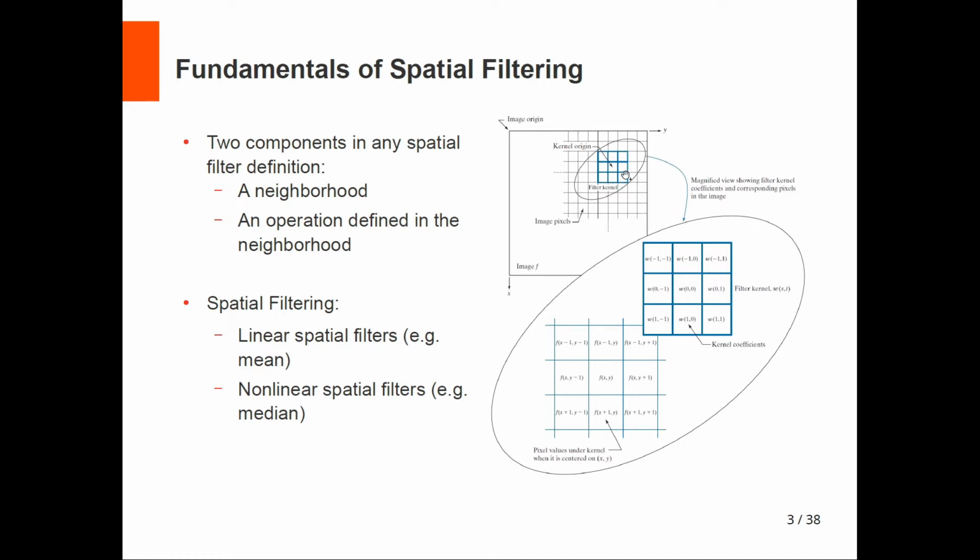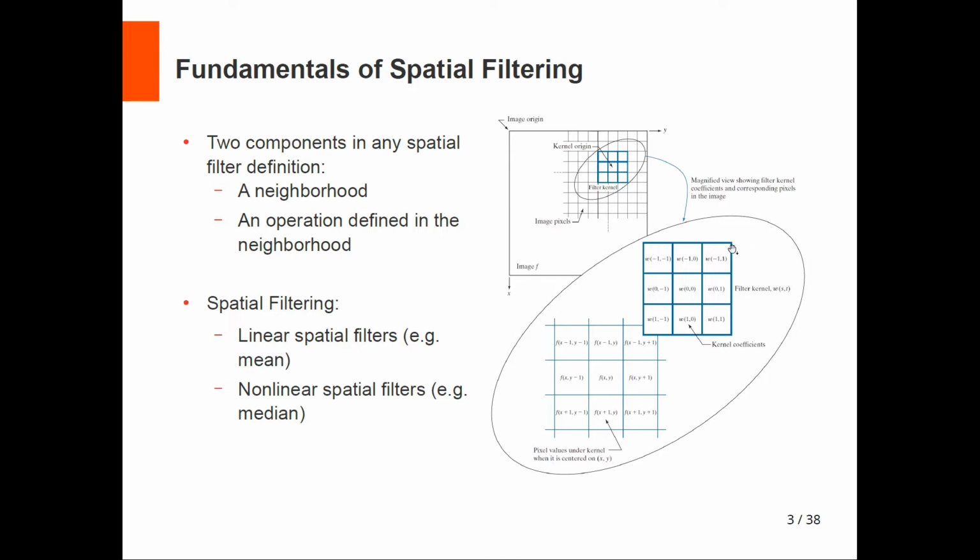So for this neighborhood we have a kernel in which its center is basically the middle pixel of the kernel, and this kernel has a bunch of weights associated with each one of its elements. So not only does it define the size of the neighborhood, but also it defines the weights that will be used to perform the needed operation.